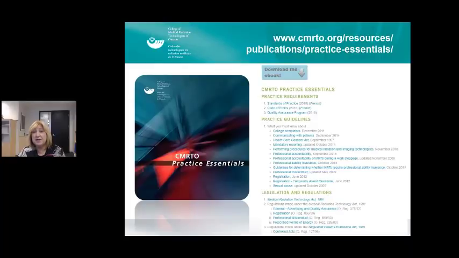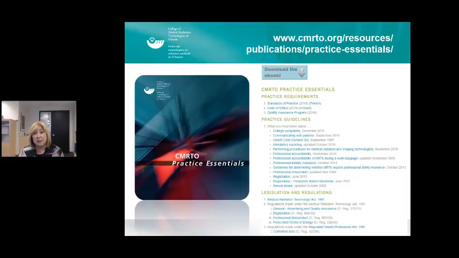So we have all this information available for our members on our website under resources, publications, and it's in a section called Practice Essentials. So this is an electronic book, and it replaces, remember the 3-ring binder that we sent out a few years ago that had the standards of practice, code of ethics, our QA program, all our What You Must Know Abouts.